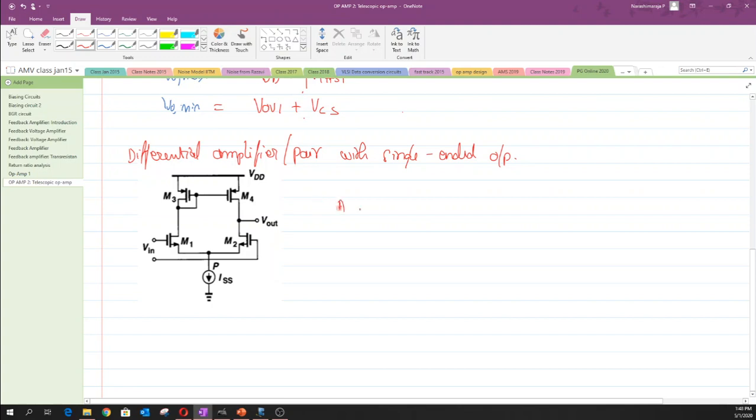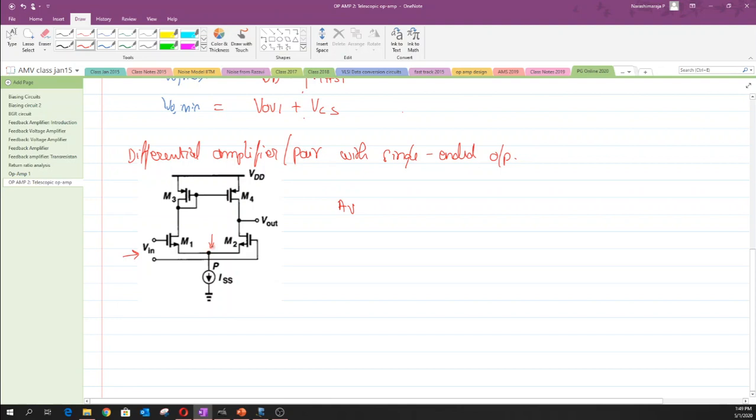So again we know that one could express this V out. Whenever we apply an antisymmetric input, we are trying to compute the value of a differential gain here, and obviously we know that this node, since the circuit is not symmetric, cannot be equated to 0.